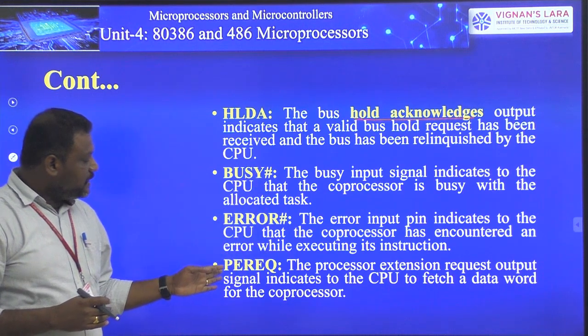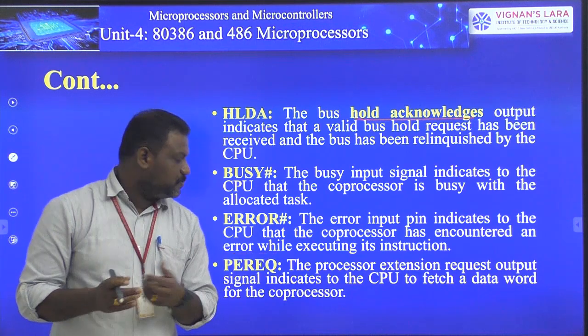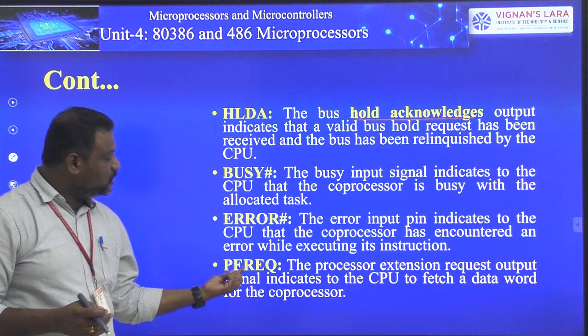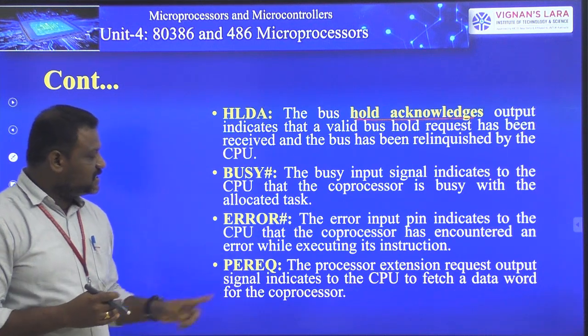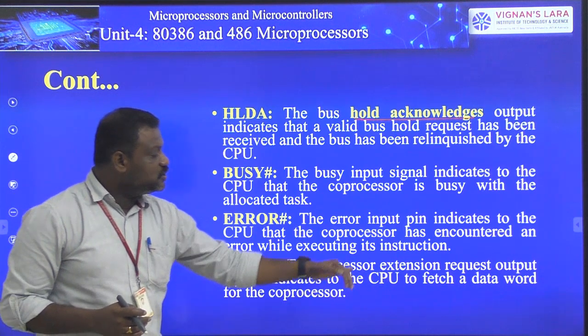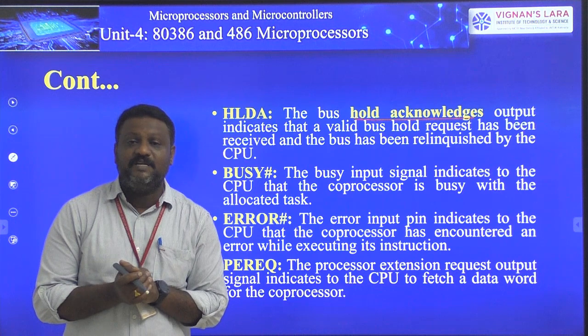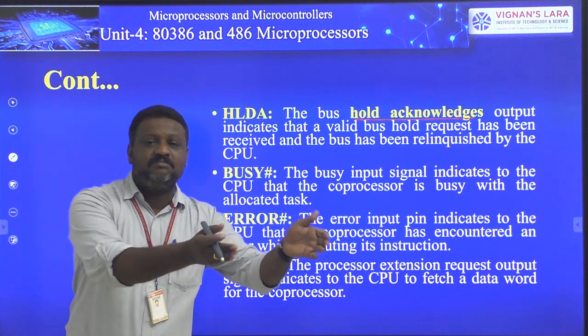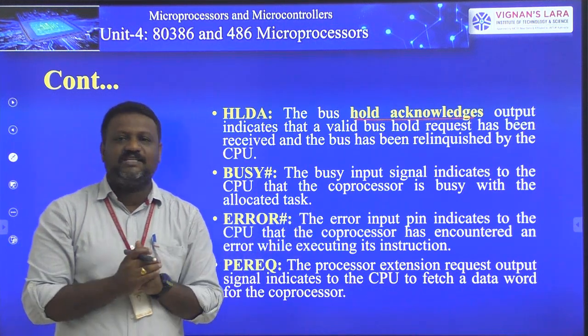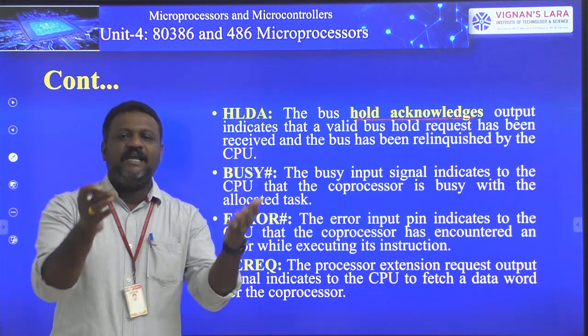And coming to PREQ. This signal is also related to the coprocessor. This is a coprocessor request signal. The processor extension request output signal indicates to the CPU to fetch a data word for the coprocessor. That means your processor assigns some task to the coprocessor 80387. In executing that instruction, it wants some data.